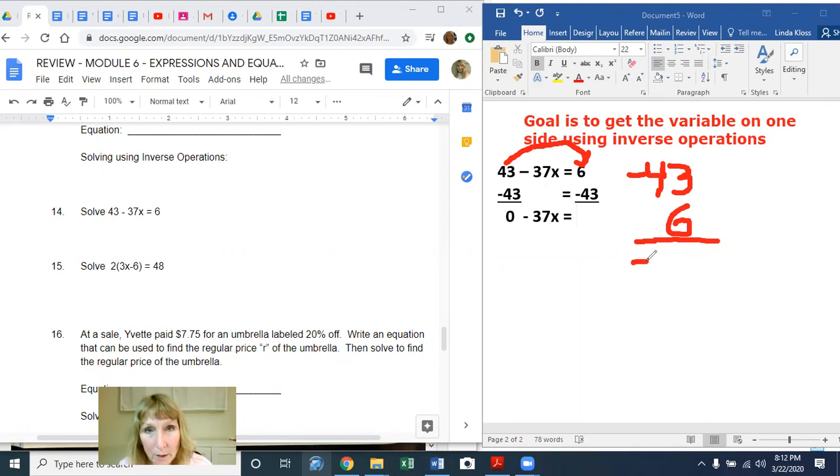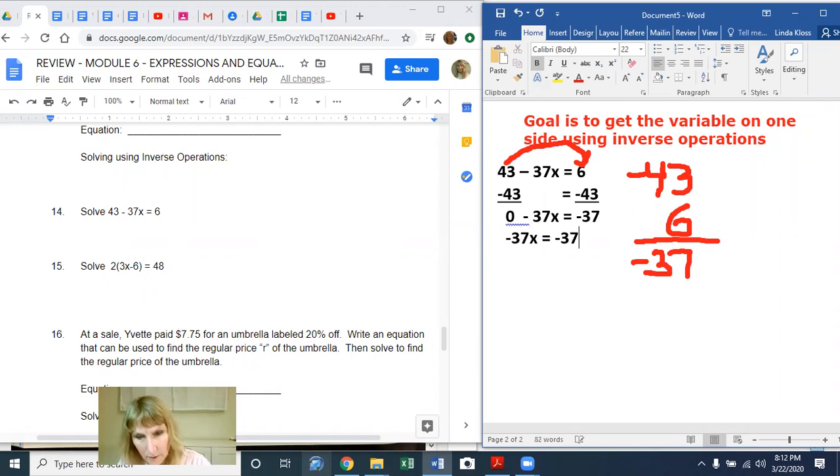Well, 43 minus $6 is going to be 42, 41, 40, 39, 38, 37. So you're still going to owe me $37. So let's put that in over here. Negative $37. Now we'll drop the 0 and we're just going to have negative 37x is equal to negative 37.